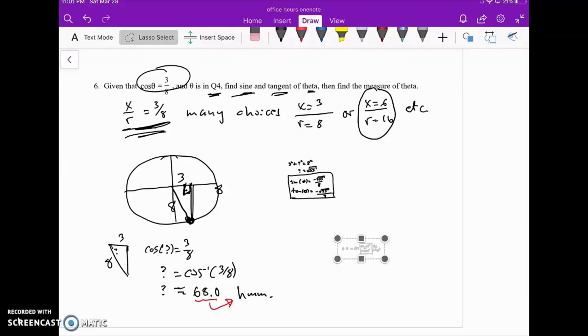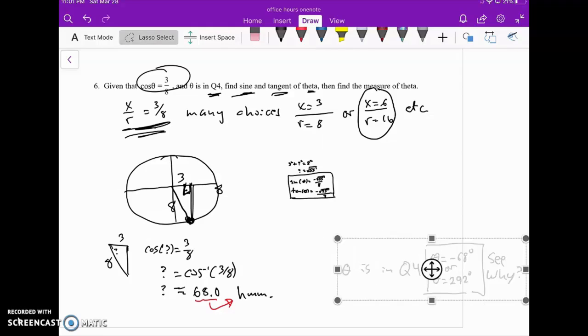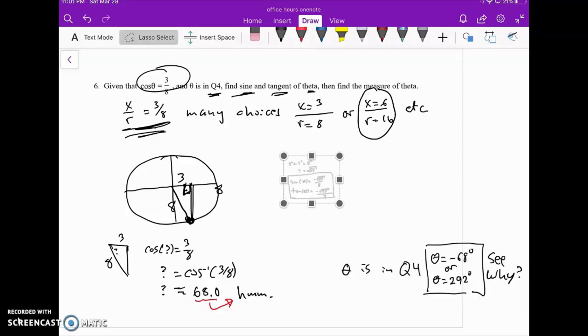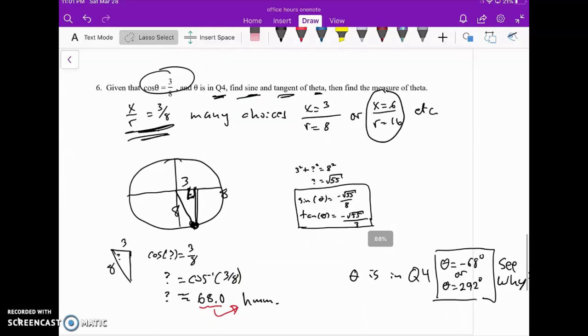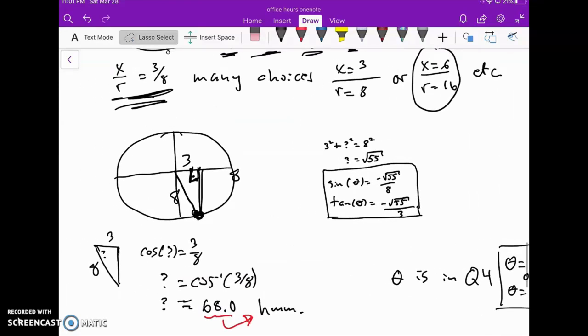So a little Pythagorean theorem, which is worked out there. So with a little bit of work, we get that missing side, and then we have the coordinates for the point, which are 3 and negative root 55, and then we can write it all down.